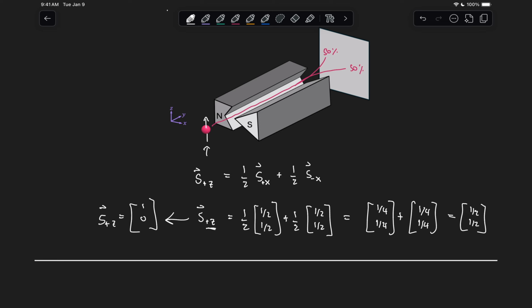So mathematically, when we try to express these vectors in a way that describes observations for this particular experiment, we don't get a consistent representation of what we had defined for the spin of an electron in the plus z direction to be. So the question now is, how do we move forward?